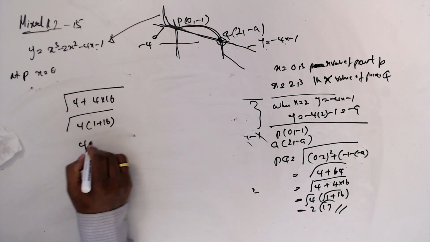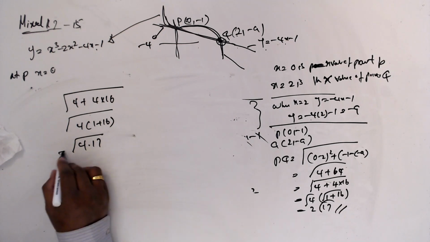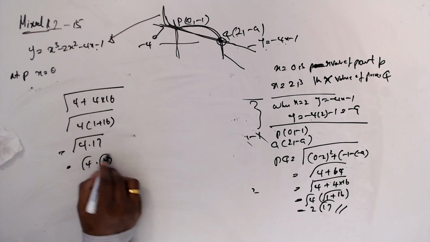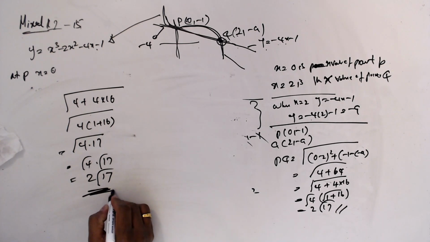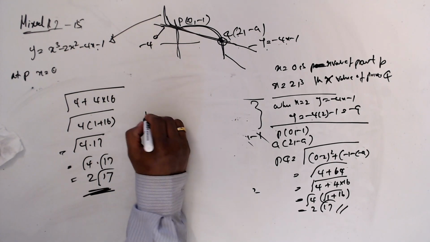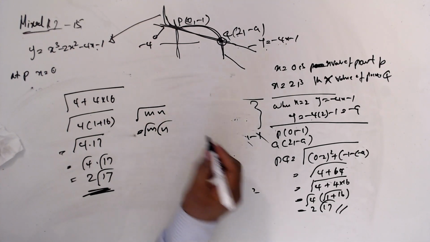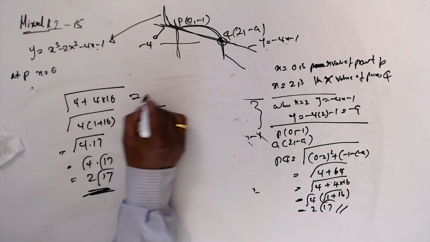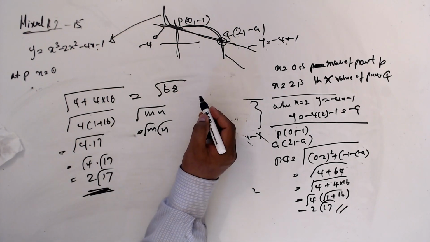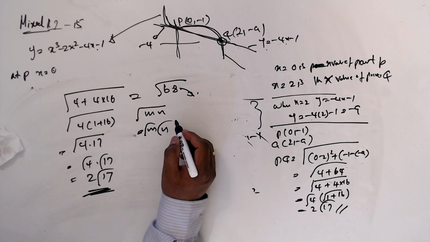So the square root of 4 is 2, and this is square root 17, so 2 square root 17. Because we know that when we write the square root of m times n, it is square root m times square root n, you can simply leave it as square root 68 and then you can work on it again if you want.